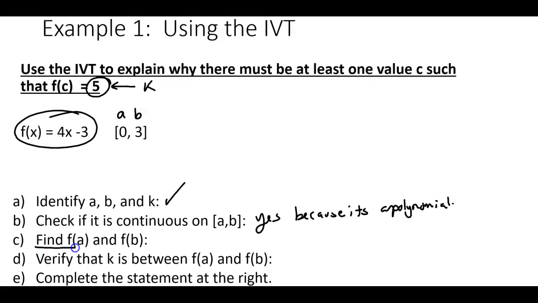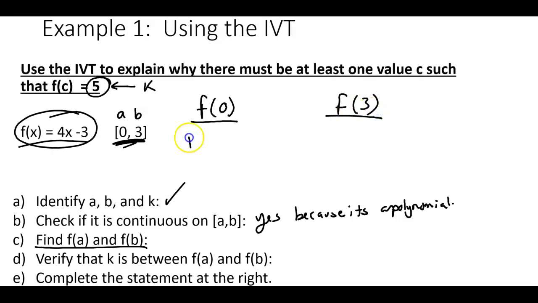All right, now the next thing is we want to find f of a and f of b. That means we're going to take these x values of 0 and 3, and plug them into our function to find out what the y values are that go with each of those. So let's do that. F of a and f of b. F of a will be 4 times 0 minus 3, which is negative 3.